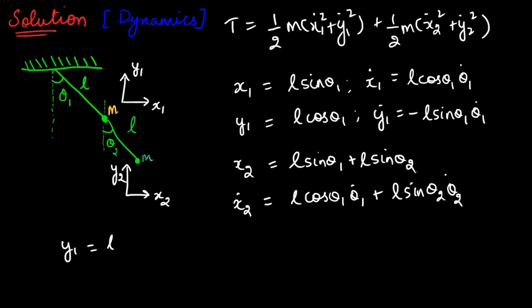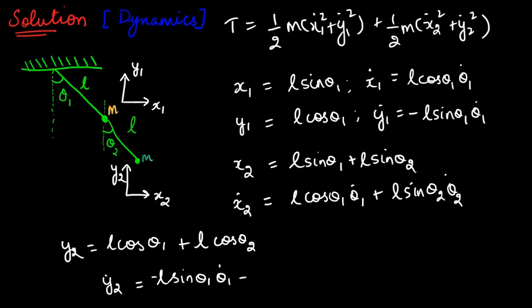And y2 will be L cos theta 1 plus L cos theta 2, and y2 dot will be, by differentiation, minus L sine theta 1 dot minus L sine theta 2 dot.